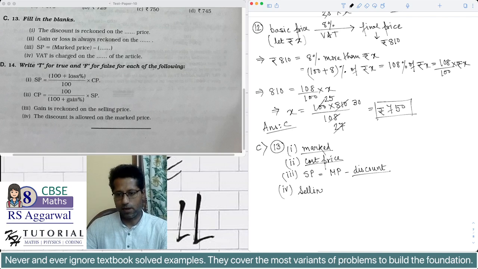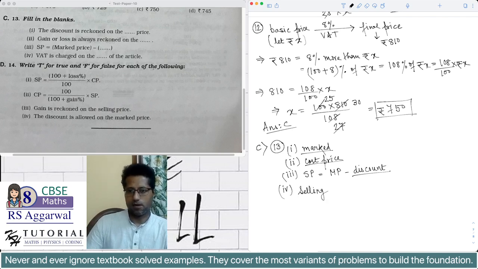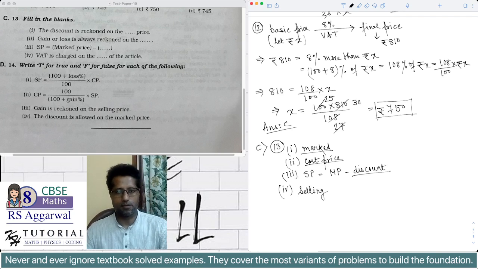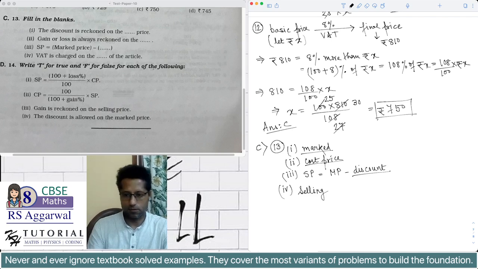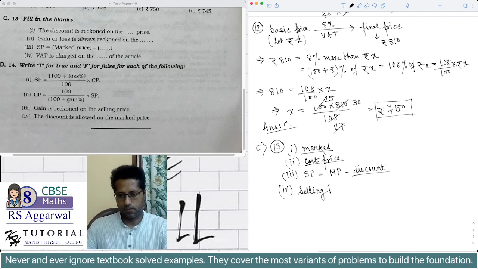Sales tax and value added tax are always charged on the selling price. And after charging the sales tax and the VAT, we get the final price or the bill amount. So, the answer is selling price.